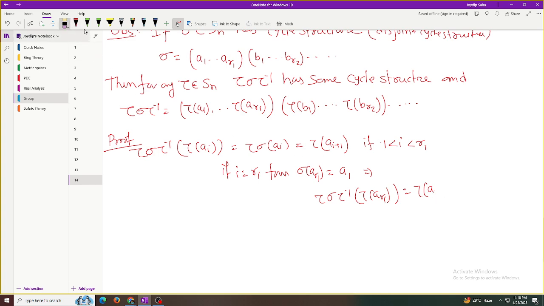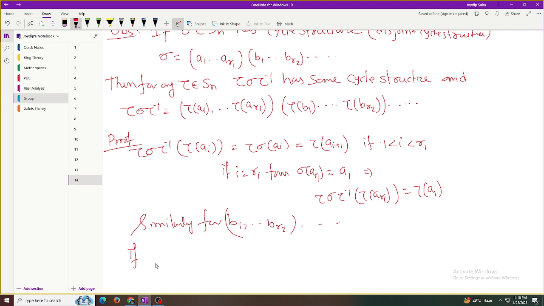So similarly for B, for this cycle, and so on.